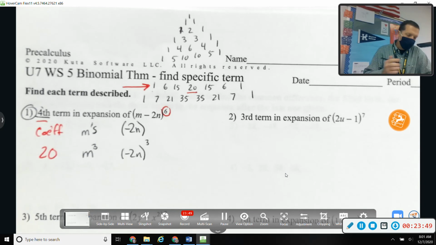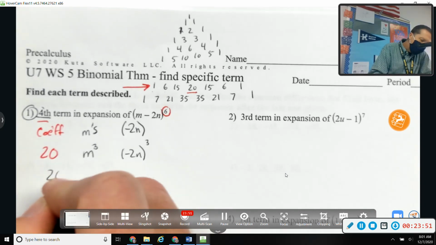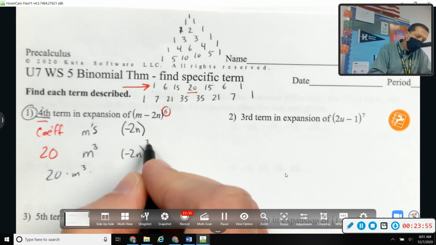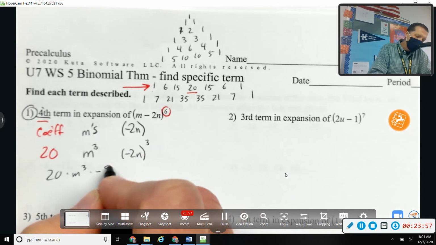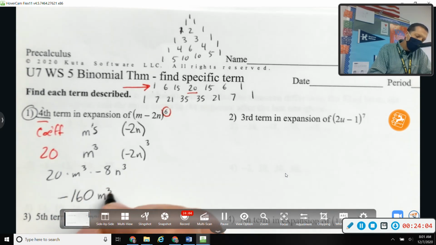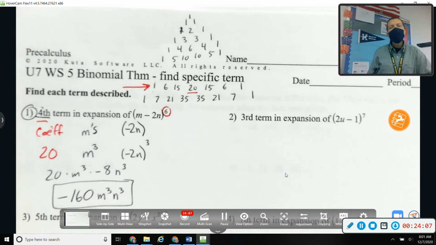So 20 times m cubed times, careful here, if I cube negative 2, I get negative 8 n cubed. So negative 160 m cubed n cubed.